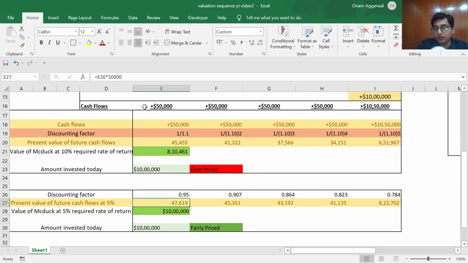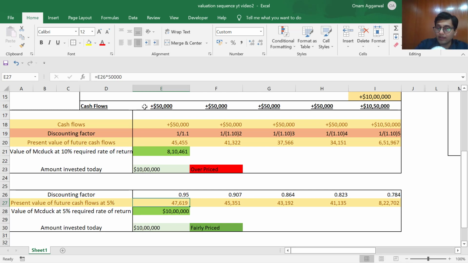See what happens magically. We again have the future cash flows. The future cash flows don't change. And we now have the discount factor change from 1.10 to 1.05. Now immediately the cash flow values increase. Why? Because the investor now requires only half the required rate of return.